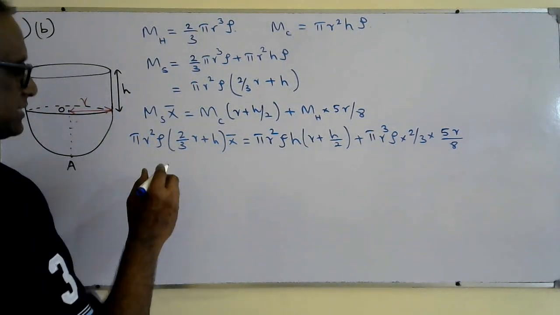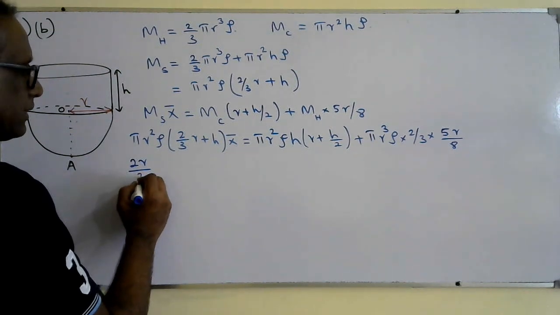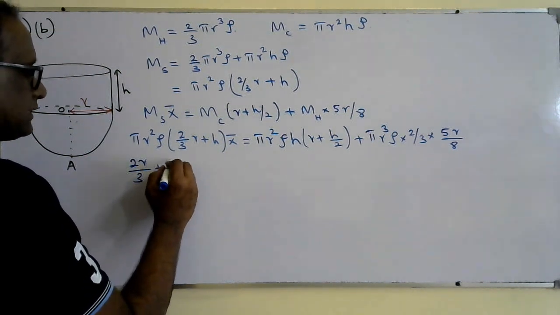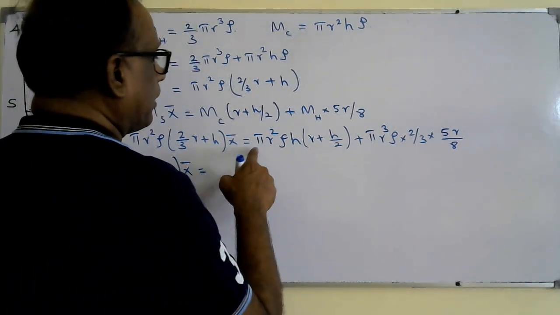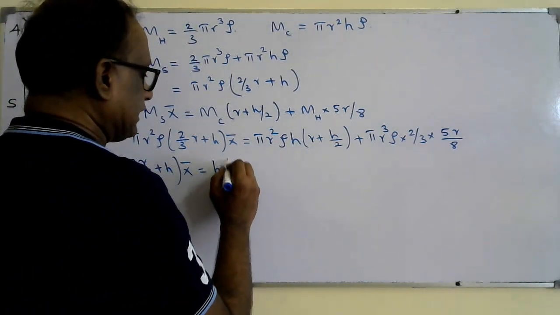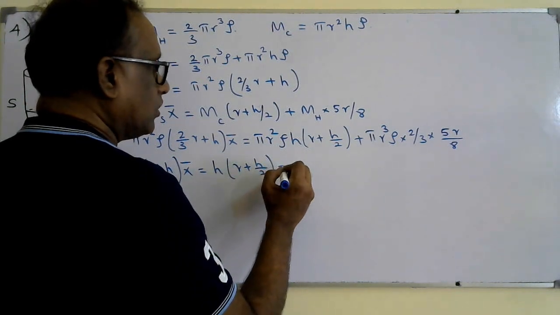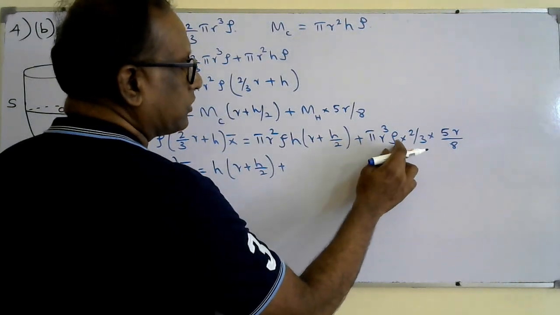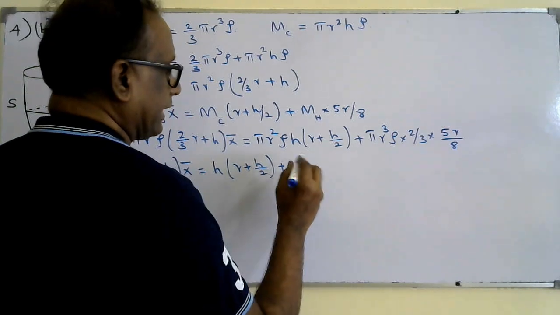Okay, so pi r squared rho will get cancelled on both sides. We'll solve that one first. So you will get 2r by 3 plus h, x bar, is equal to h into r plus h by 2, plus r into 2r by 3 into 5r by 8.